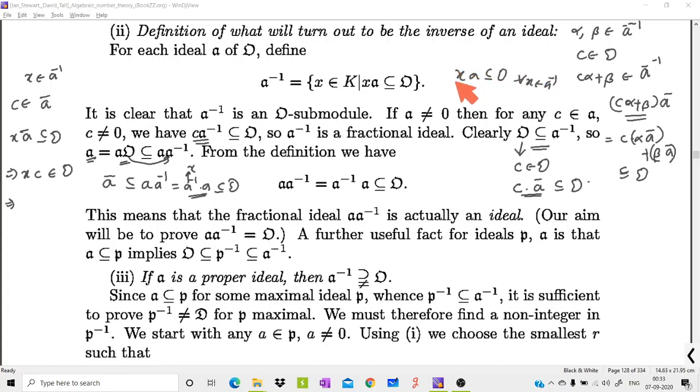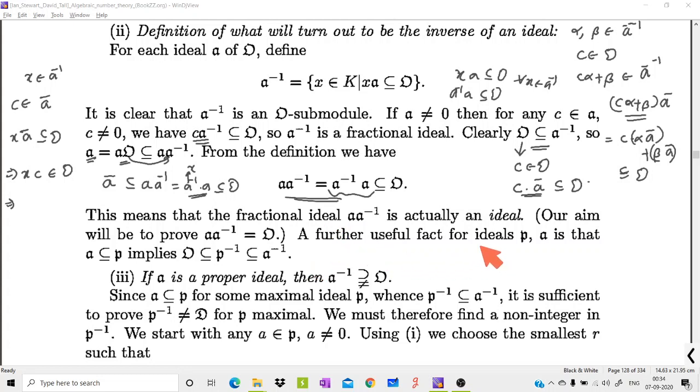This we can write as A inverse A is contained in O. That means A inverse A is an ideal, hence it is a fractional ideal. A fractional ideal is contained in O if and only if it is an ideal. So we can say that A inverse A is in fact an ideal of O.